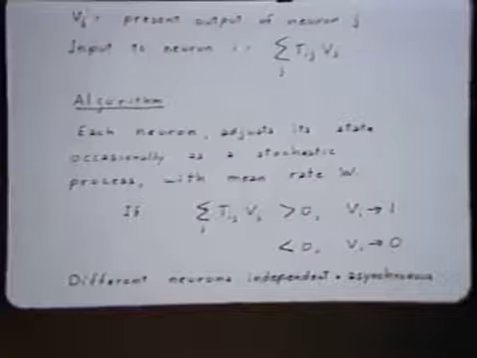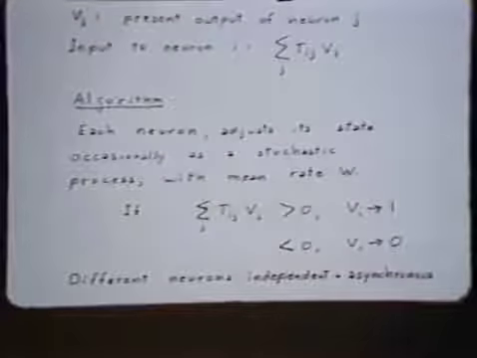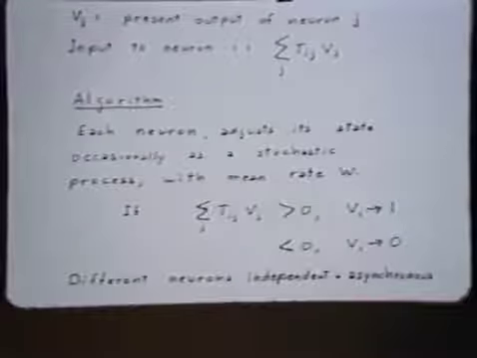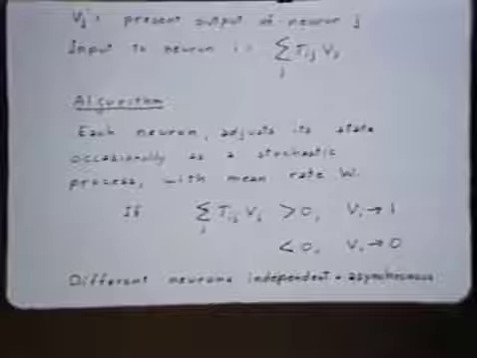Now, the next thing which you have to put in is something in the dynamics, because the whole essence of the system was described as this flow in state space. So you have to have a time dynamics. And the entire algorithm I'm going to have for this system is really very simple. It says that any particular neuron is either at the moment off or on, that it's at a low value or a high value of its output.